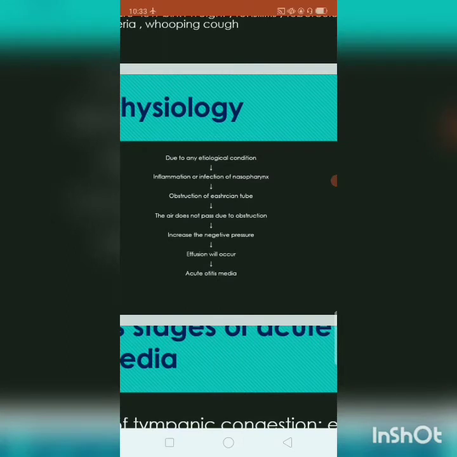Due to this bacterial or viral infection, it infects the nasopharynx or the nasal cavity. Due to this respiratory infection, it obstructs the eustachian tube, because the eustachian tube is a connection between the nasal cavity and the ear.